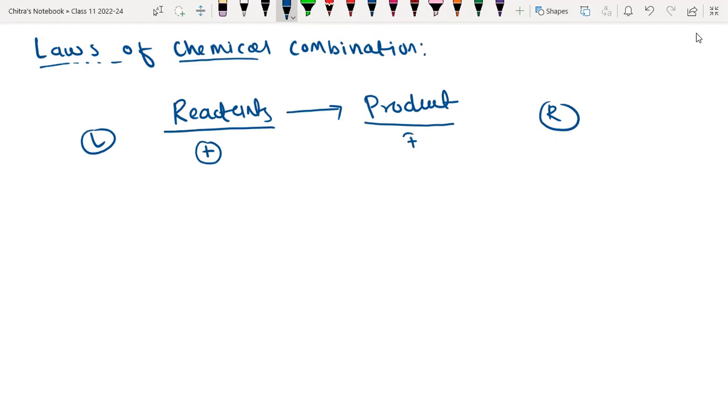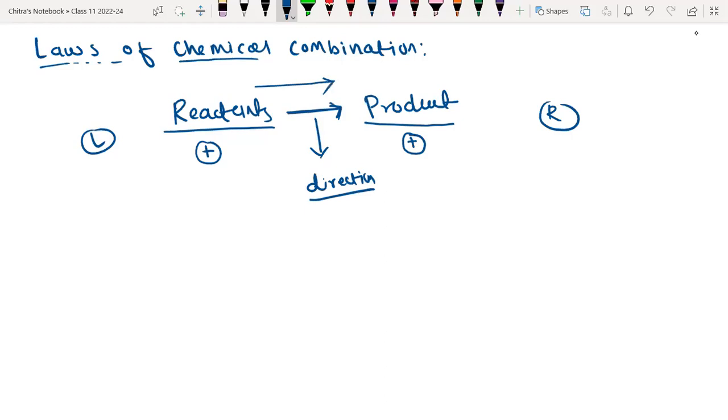Likewise for products. The arrow is always directed toward the product and represents the direction of the chemical reaction, which starts from the reactants and proceeds toward the products.